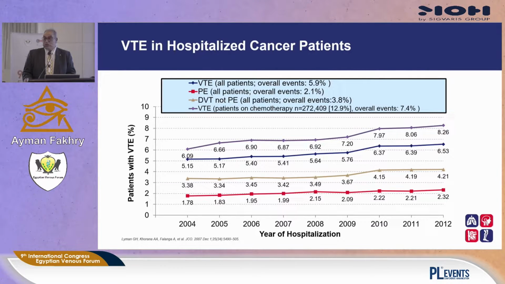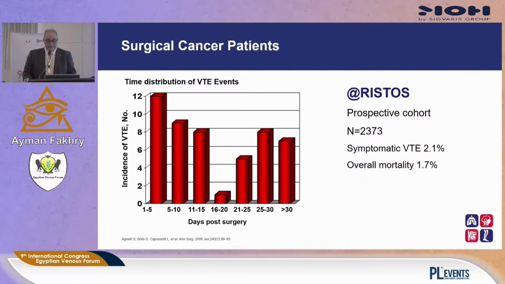Again, those on chemotherapy have a relatively higher risk, and it may rise to about 13% of patients with cancer on chemotherapy having venous thrombosis. Again, this is a very important curve plotting the incidence of VTE and the days of surgery in the hospital.